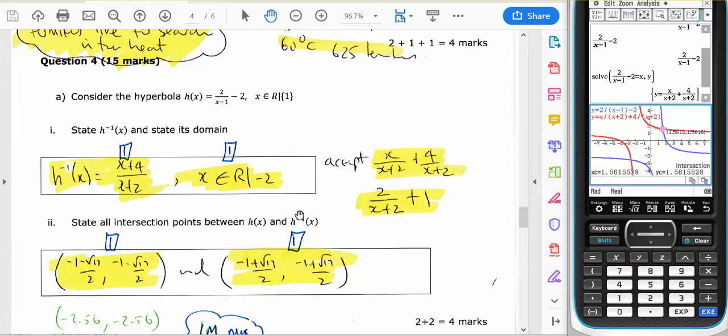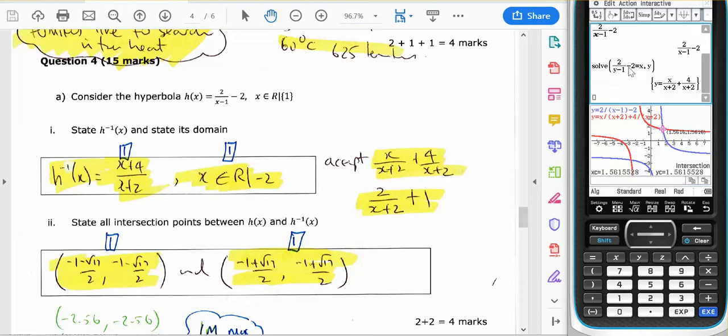However, I need exact answers. So I come back up here to main, and I know that these are going to intersect also with the line y equals x, because you will notice that the line y equals x also goes through that intersection point.